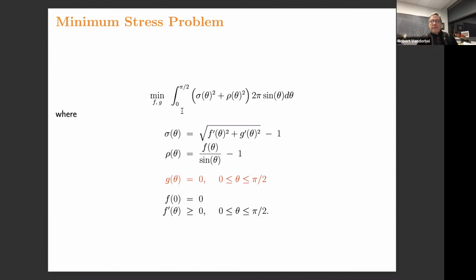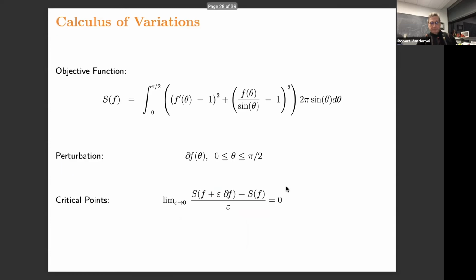Here we don't have a finite dimensional vector. We have f. F is our variable. And it's a function of theta. So it's not just that it's even infinite, it's a continuum of values of theta. So f of theta, for theta from 0 to pi over 2, these are our variables in the optimization problem. So that's an infinite dimensional optimization problem.